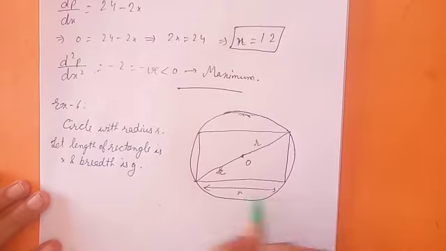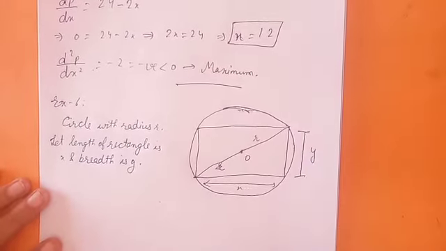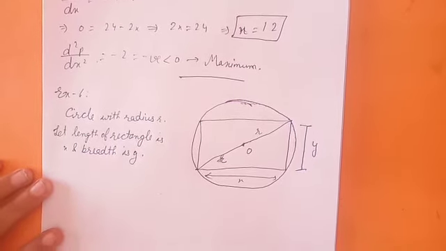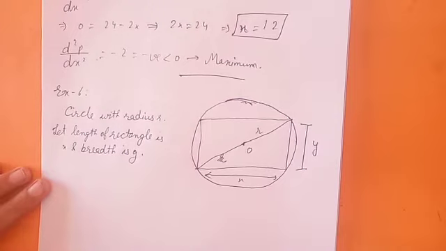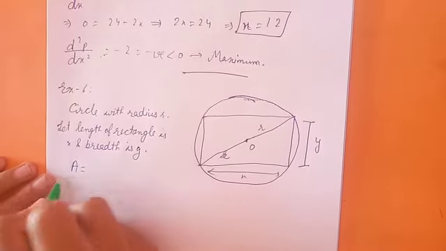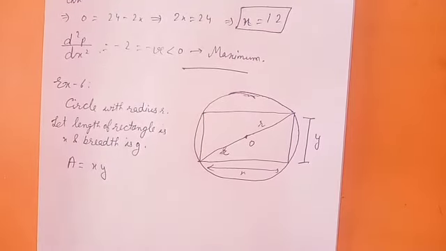Then this length is x and this value is y. Okay, what they are asking about is the rectangle of maximum area. So first thing is our area, that will be equal to xy.